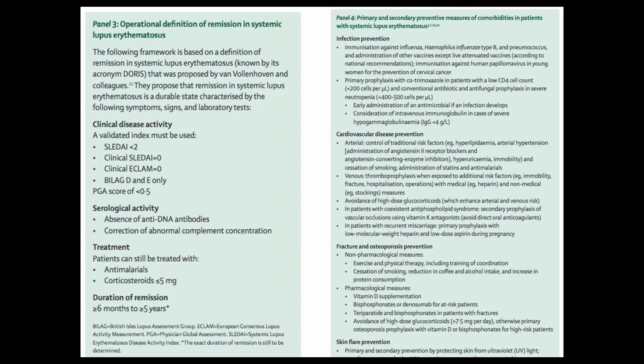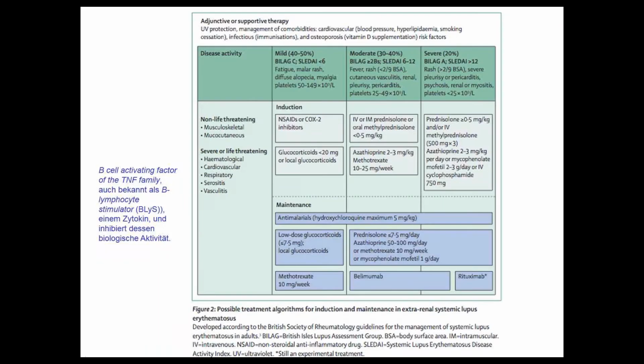And now we know that there are a whole bunch of biological agents that we can also give these patients, including a new antibody, belimumab, that we've discussed in this exercise before, that involves a factor that's expressed on B cells, the so-called B lymphocyte stimulator, or BLyS, which seems to offer these patients additional advantages, which is being investigated.